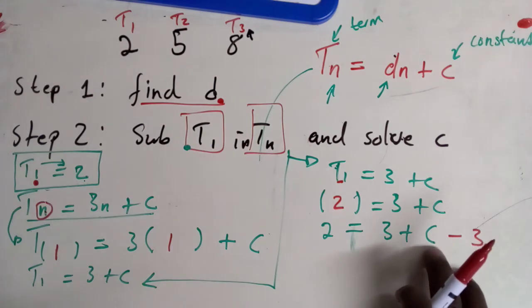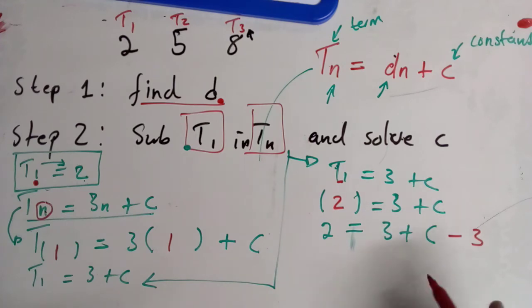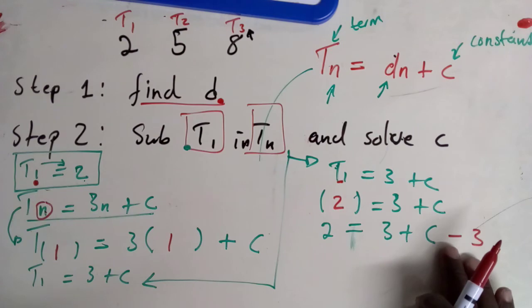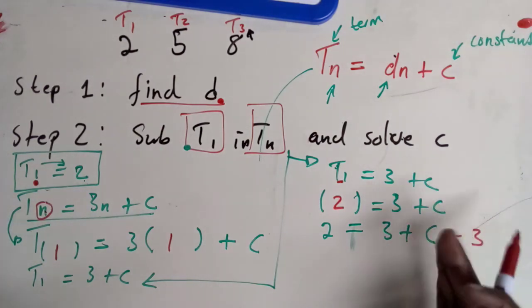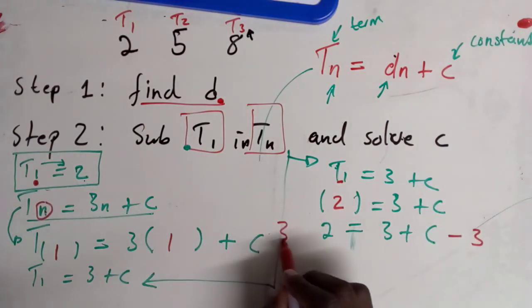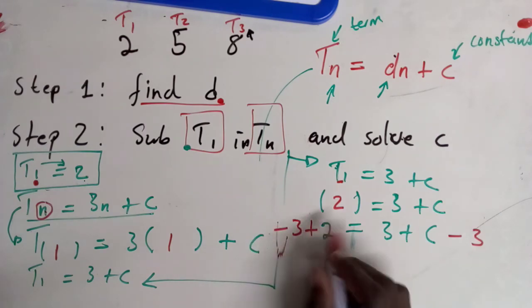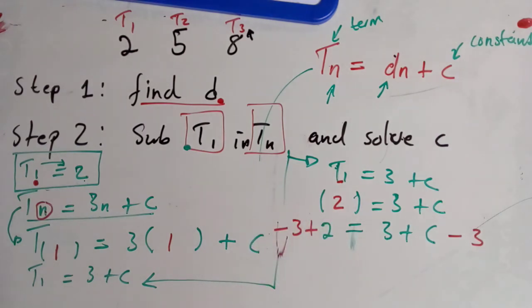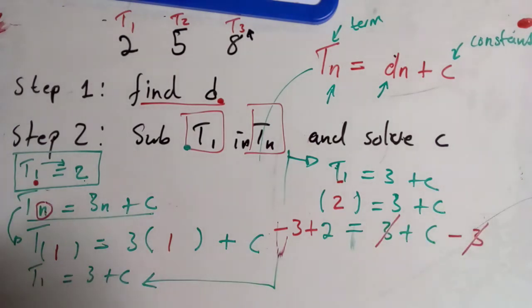I only want c on this side of the equation. But to balance the equation, what I do on the right, I must also do on the left. 3 minus 3, these are going to cancel off.